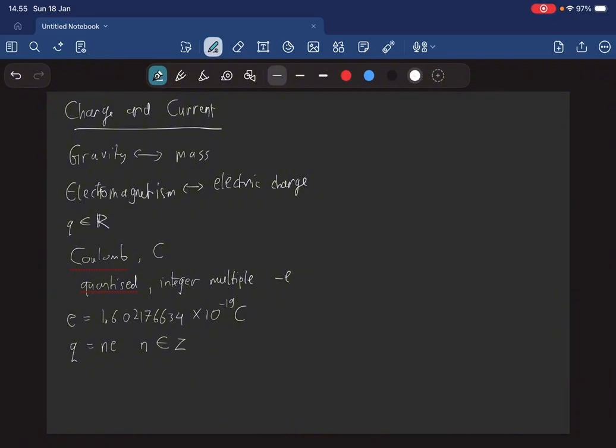Then electrons have charge -1, protons have charge +1, and the neutron is 0. Nonetheless, in this course, we will bow to convention and stick with SI units.